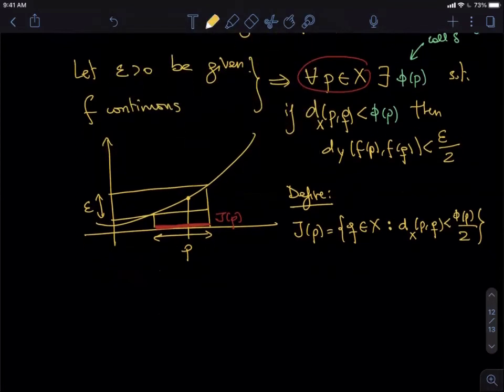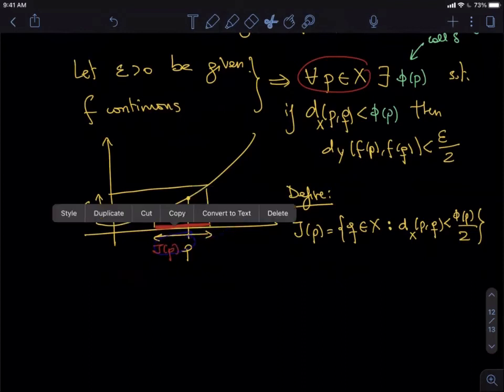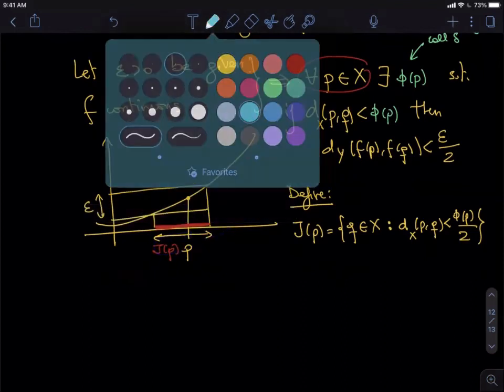Okay, so then what is going to happen, let's move this over here, is that for different points, I'm going to find different neighborhoods.